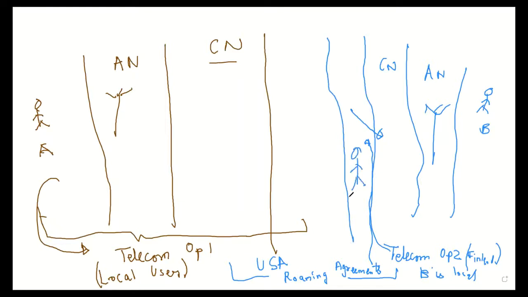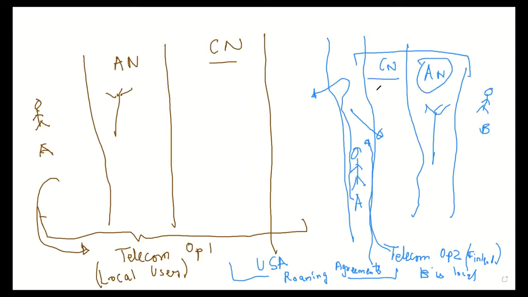So from the perspective of this use case scenario, when A lands over here and is able to use the telecom services, remember this, when A is using the telecom services, he is using part of the network of telecom operator 2, right? Access network is definitely using some parts of core network.